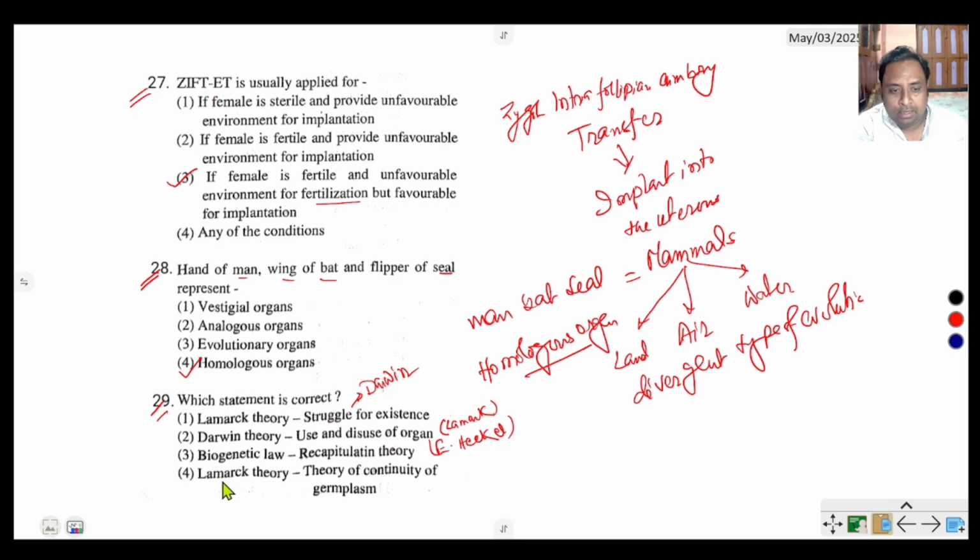Clear? The theory of continuity of germplasm is proposed by August Weismann. So the correct option is biogenetic law or recapitulation theory, or ontogeny repeats phylogeny, proposed by Ernst Haeckel.